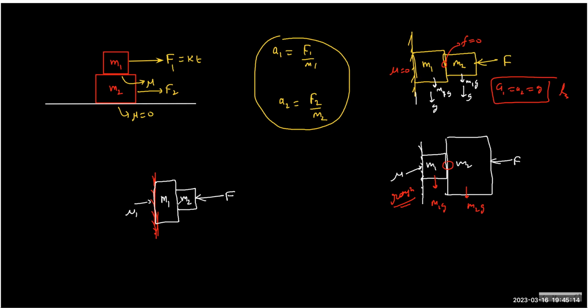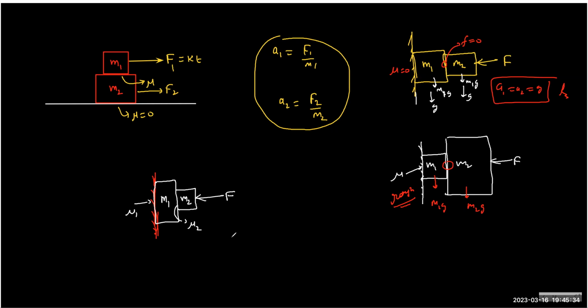So we have mu1 and, of course, mu2 here. To find the tendency, what we do is we assume the frictional forces between the objects to be zero. But I cannot assume this friction to be zero between M1 and the wall.